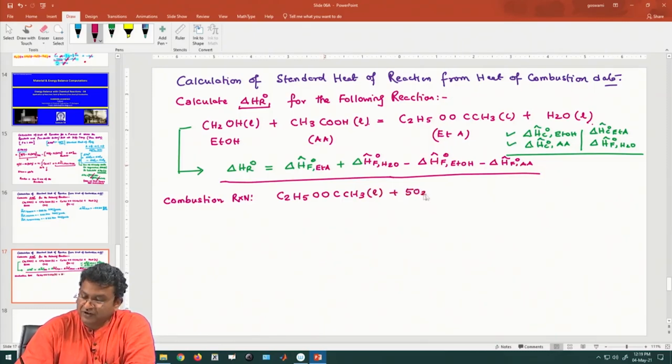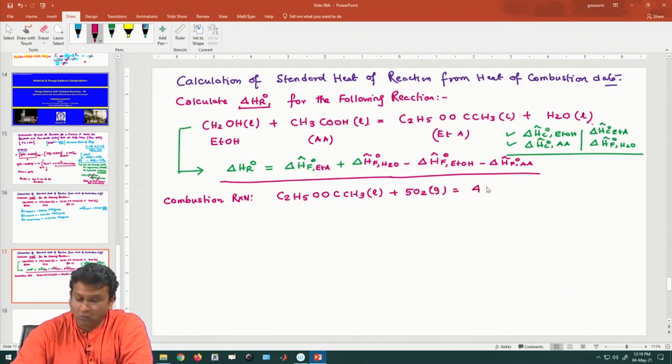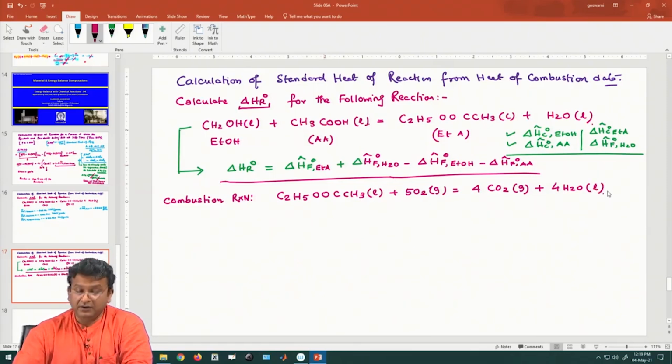If you stoichiometrically write it, you will find that plus 5 O2 leads to 4 CO2 in gaseous form plus 4 H2O in the liquid form.